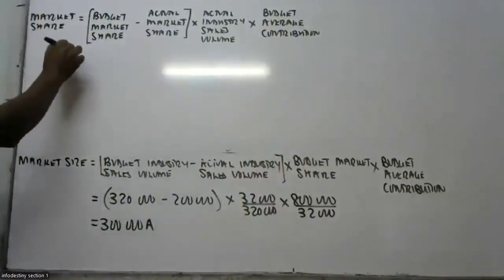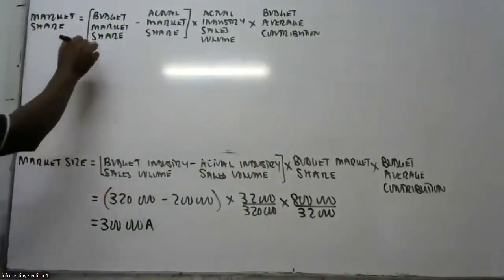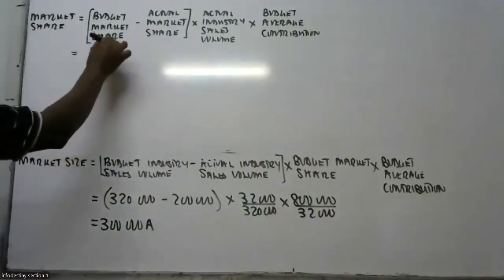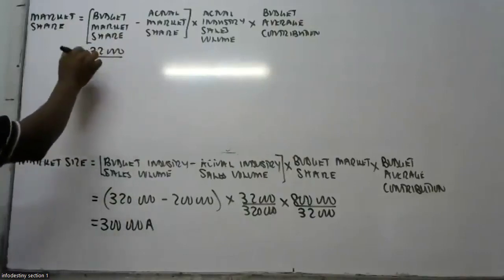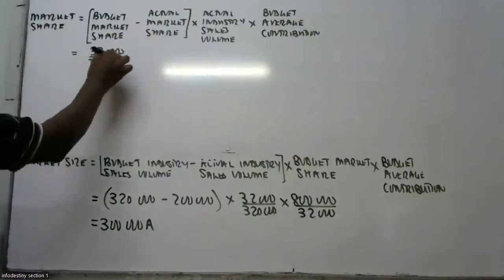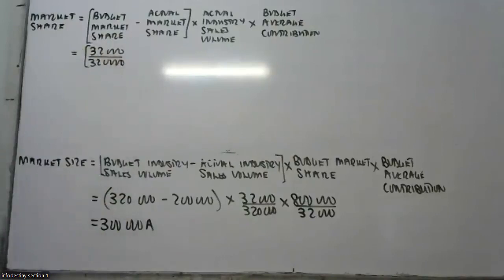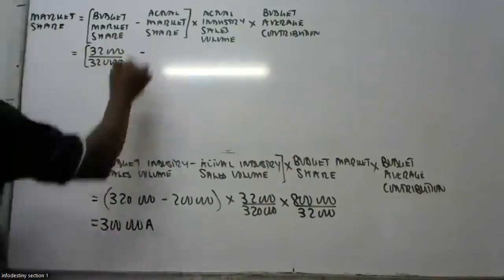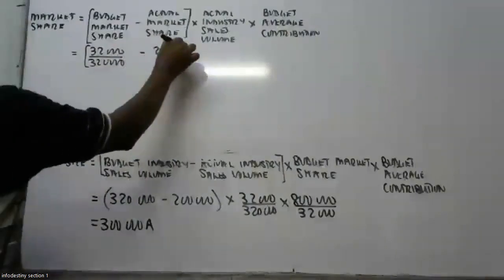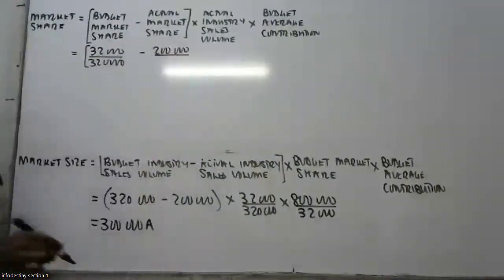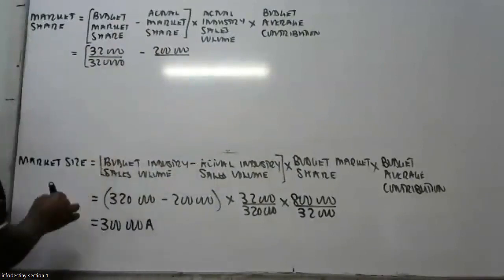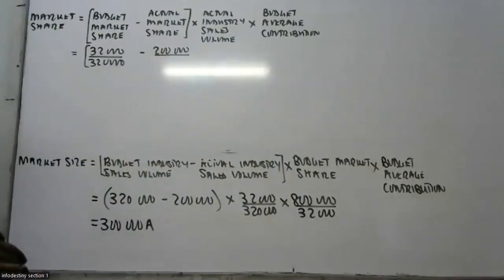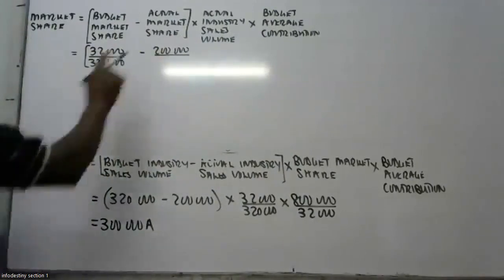So as we have said, the budget share was that 2,000 in a total of 320,000. The actual share, we did not sell 200.